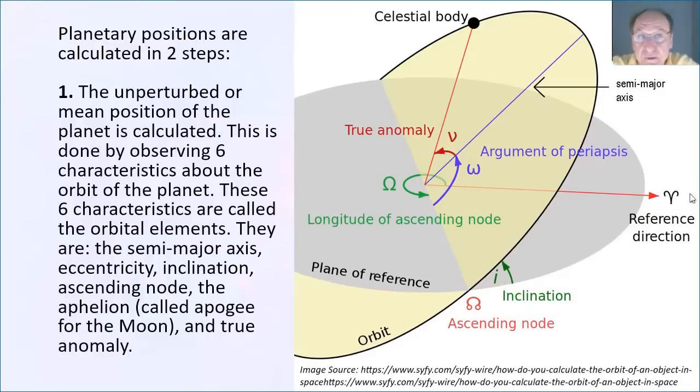But that position is sometimes called the mean position or unperturbed position. It's the position of the planet if no other objects perturbed, or disturbed, this nice flow, this beautiful, very predictable movement of a planet around the sun.